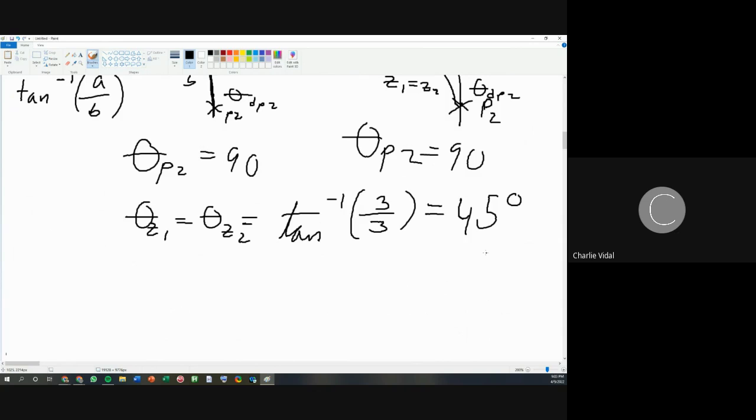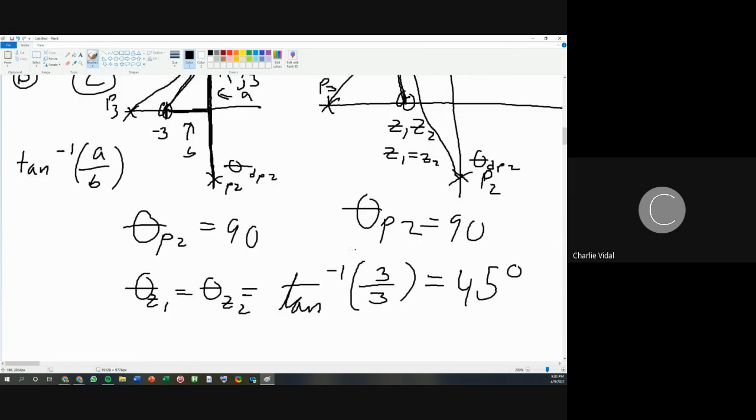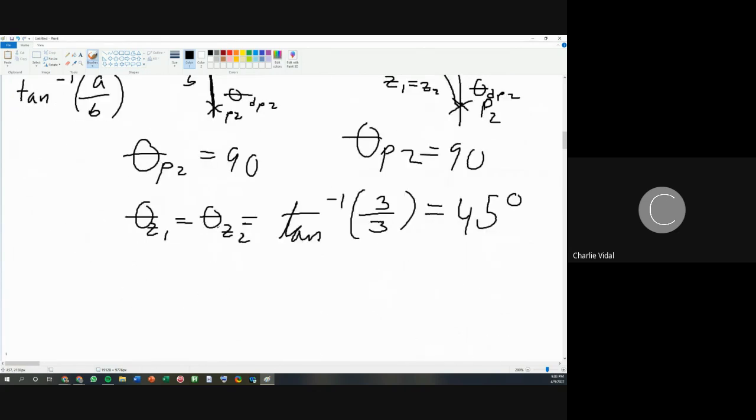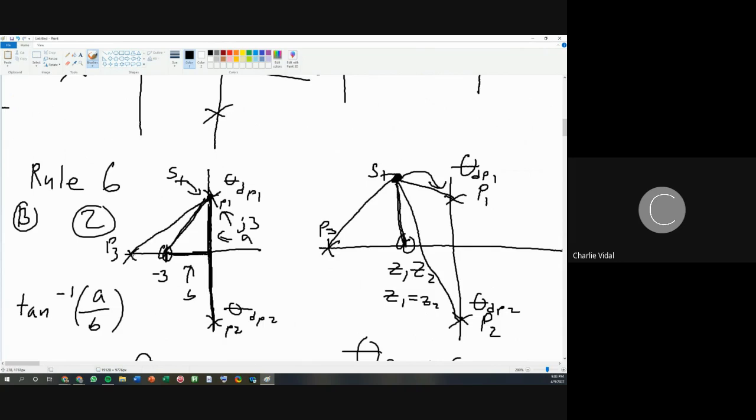The next one is theta P3. This one is at the point 9, so you would walk 9 steps to the right and then 3 steps up.